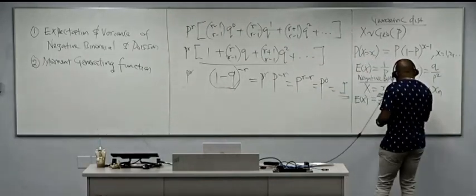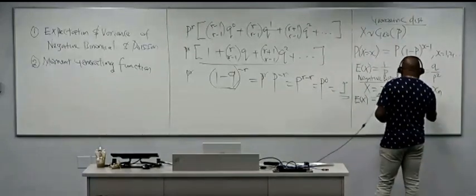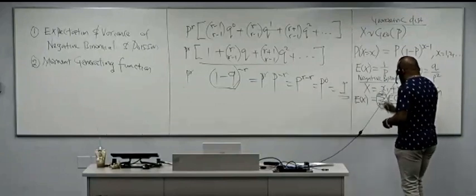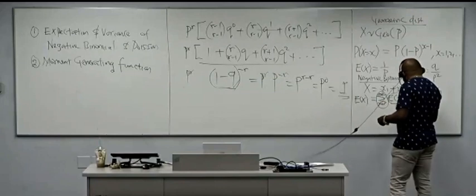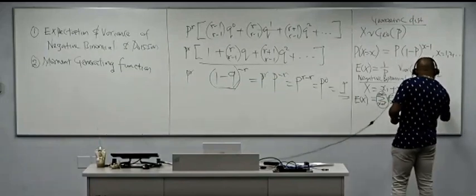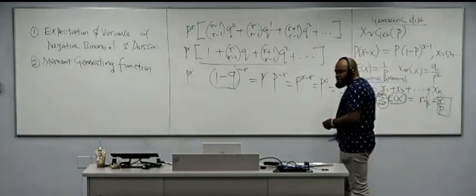So if this guy is the expectation of x, which is 1 over p, then this summation here is just basically going to be r, so we can say this is r divided by p. So r divided by p here is the mean.